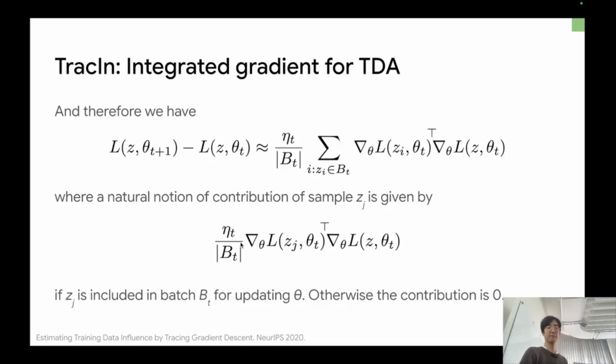So I'm going to say this dot product between the loss gradient against theta for Zj and the loss gradient for theta at Z is the notion of contribution for this particular iteration, t. So if Zj is included in the batch, then the contribution is given like this. If Zj is not in the batch at all, then of course the contribution will be treated as 0.